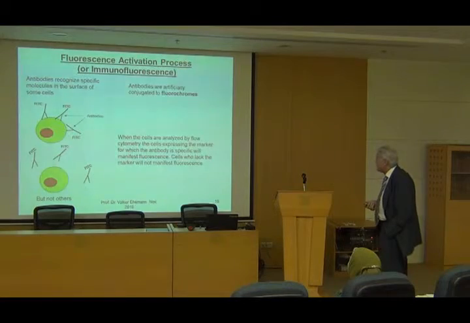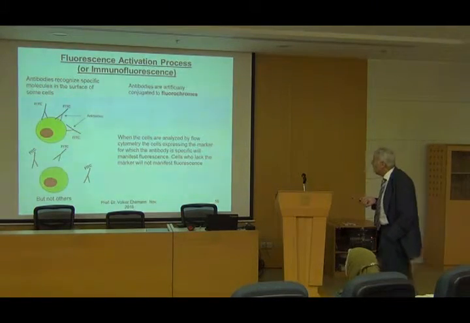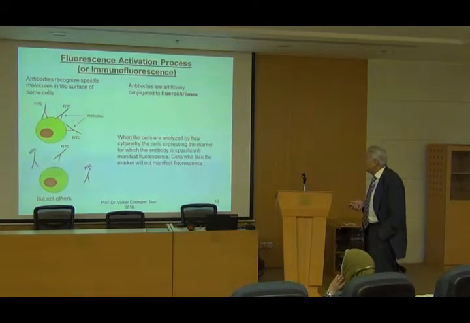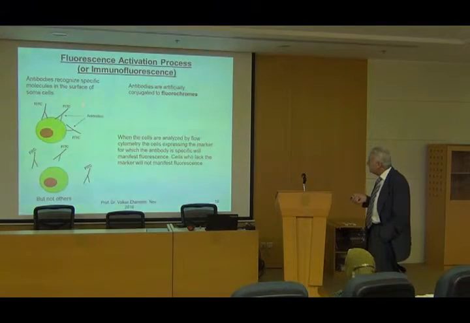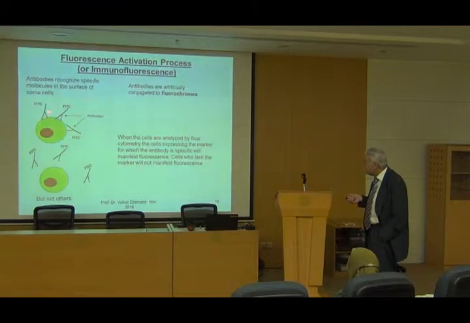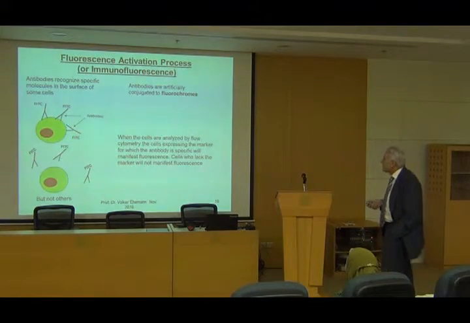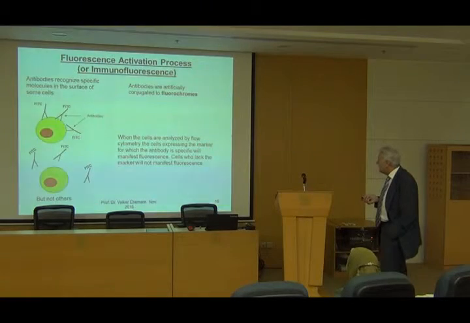And this is fluorescence. You have a cell, and antibodies recognize specific molecules on the surface of some cells. The antibody will catch the outer surface of a cell, and you can detect these cells with antibodies labeled with the color FITC.